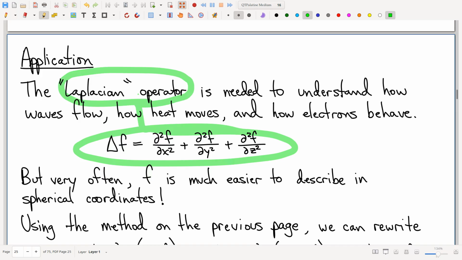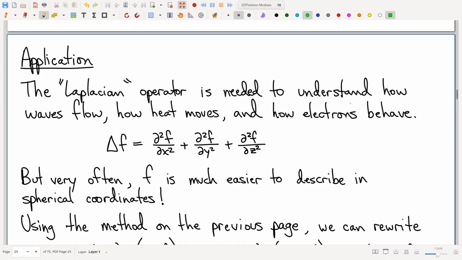And for whatever it's worth, you're going to see the Laplacian operator a tremendous amount in your engineering classes because the Laplacian operator is a critical part of understanding how waves propagate, how heat flows, how electrons behave. All of this stuff, when you write down the physics of all of these very fundamental natural physical phenomena, the Laplacian operator keeps coming up. Okay. So mathematically, in terms of tools for understanding physics, it's a really big deal.